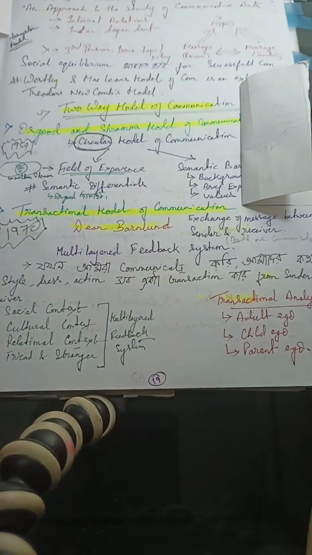Transaction doesn't always mean a banking transaction; the exchange of culture comes under transactional communication. It's a multi-layered feedback system where ego is being transacted: adult ego, child ego, parent ego.